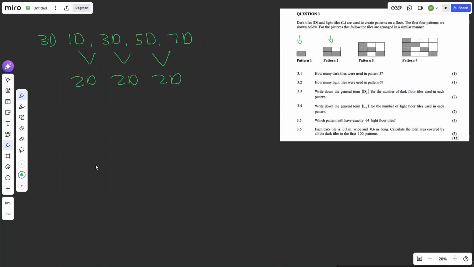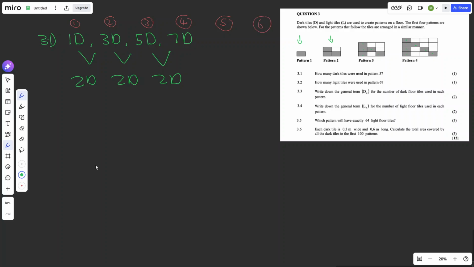So in this question, we want to find how many dark tiles were used in pattern 5. This one is the first pattern, second, third, fourth, and then there's fifth and sixth.